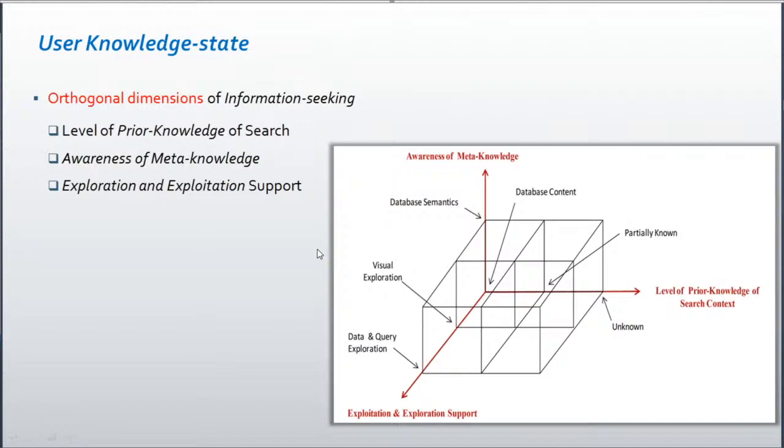So basically, based on these search behaviors or search types and the user's knowledge state, there are two fundamental frameworks available. Frameworks are a conceptual design of some behavior, right? And these come from the fundamental literature of the domain.